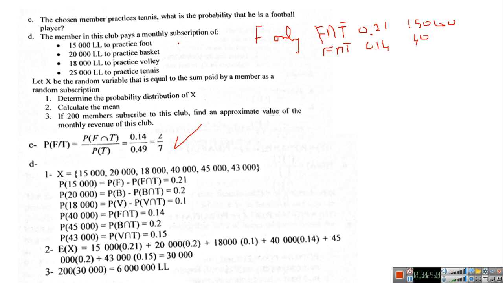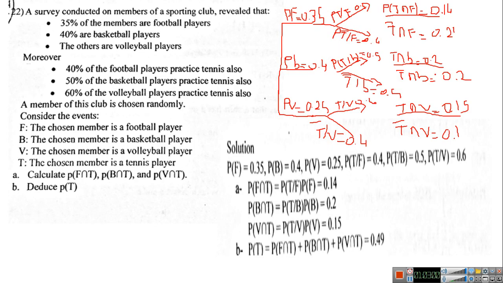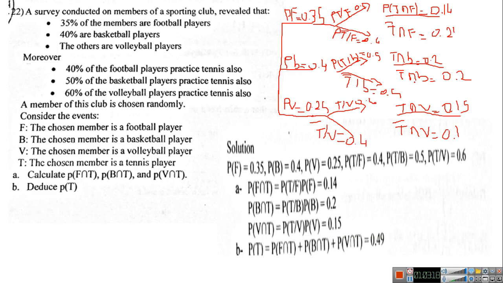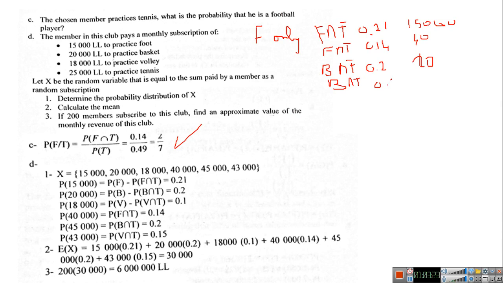If he's going to do basket only, it means basket and tennis bar, without tennis, 0.2. He's going to pay only the basket, 20,000. And if he's going to play tennis with it, it's 0.2, you can see it here. So he's going to pay the 20 and the 25, 45.